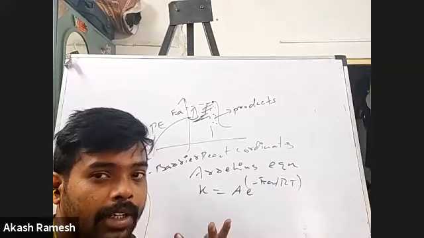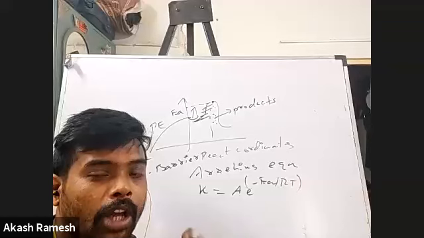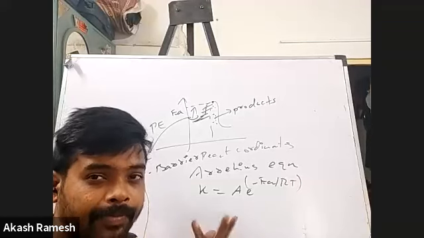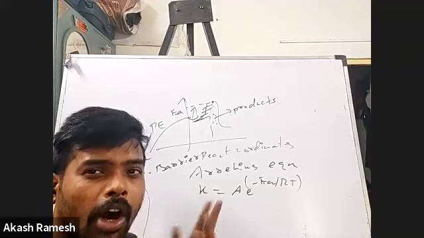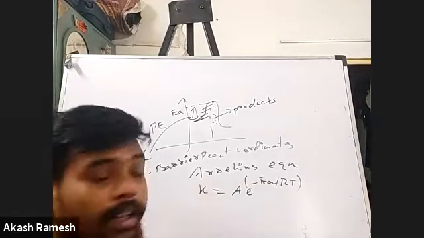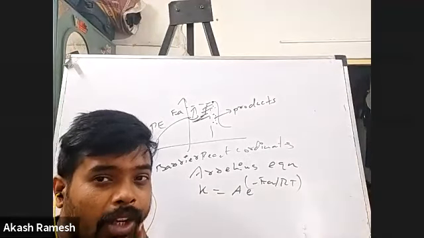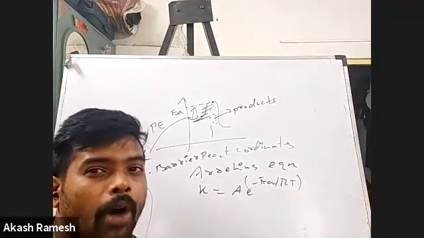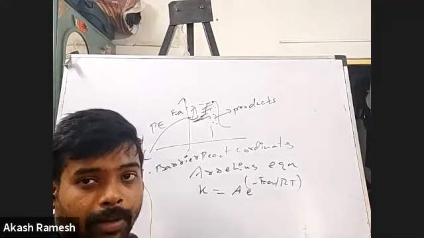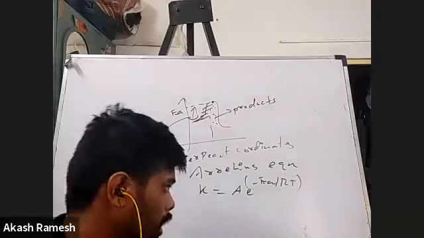Or in other words, I will be able to speak about how many intermediates or how many transition states are there for that particular reaction. All these things can be found out with the help of your energy profile diagram. Okay. So first we'll talk about how we'll be able to find whether that reaction is exothermic or endothermic.